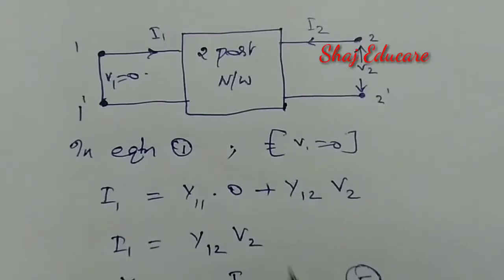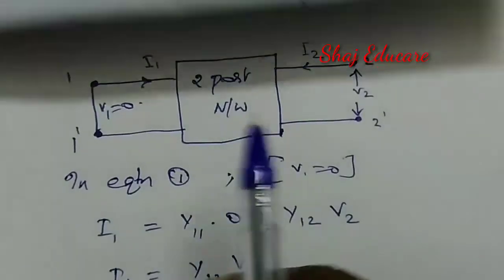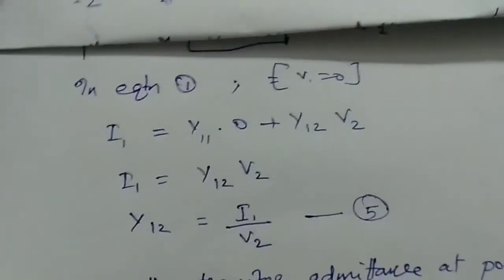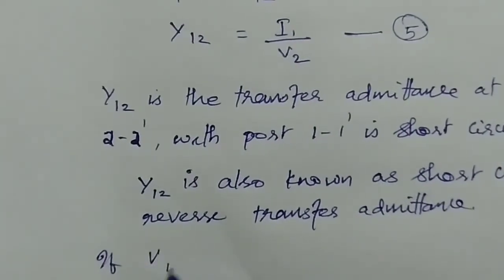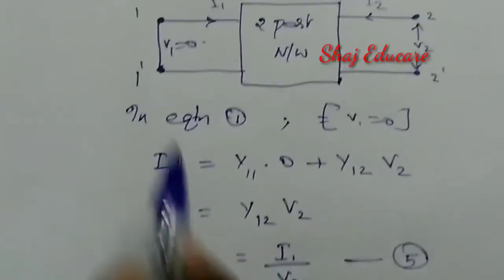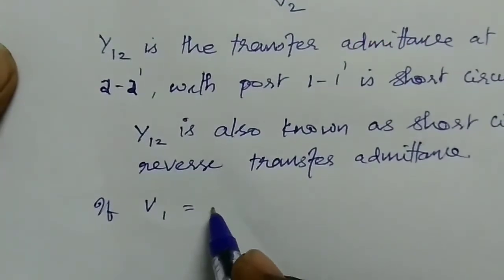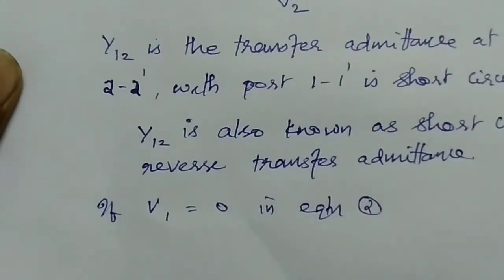Now let us discuss the same situation in equation 2 also. V1 is equal to 0, that is the present situation. We have already short circuited. If V1 is equal to 0 in equation number 2, then what will happen?